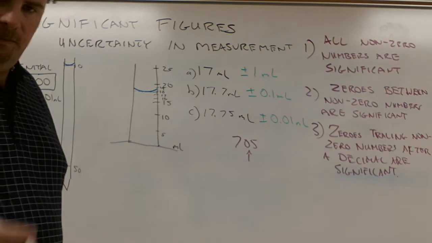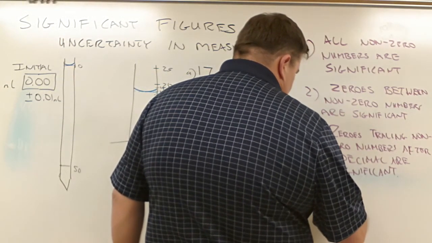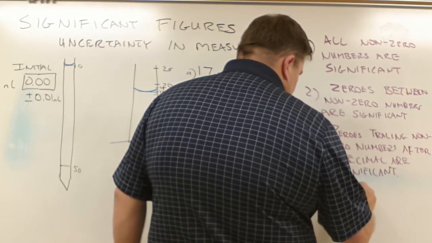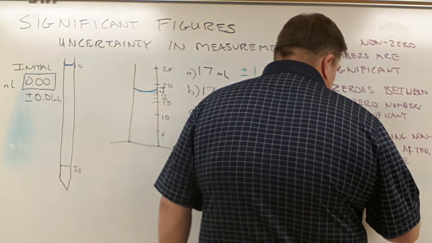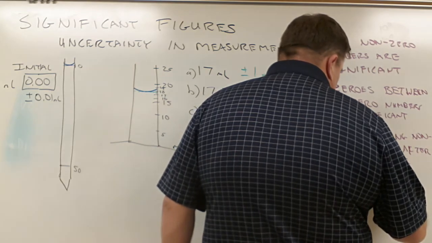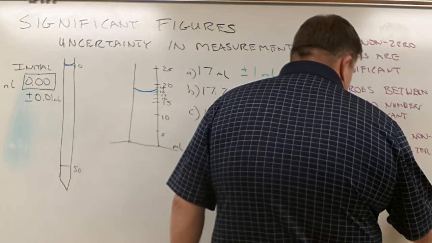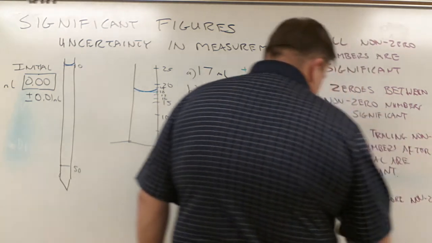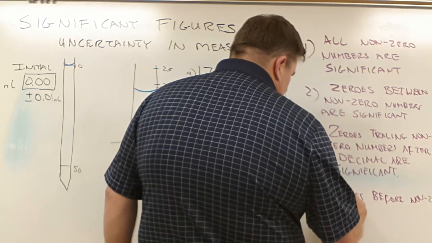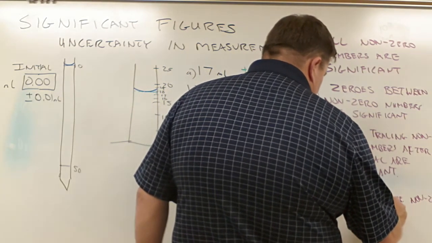And the fourth one I'll put up here. Let's show you the example for these two. Zeros before non-zero numbers are not significant.